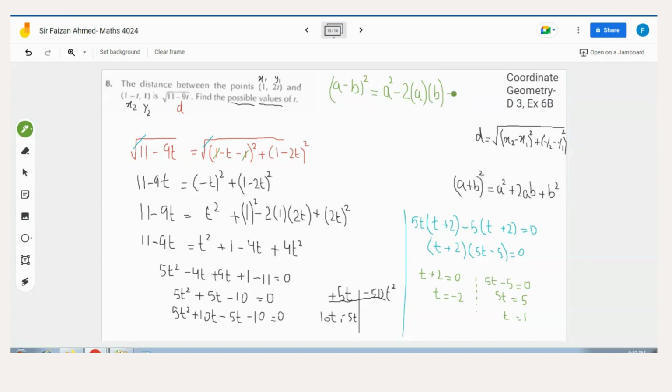Then comes the positive sign always, and in the last, the square of the second term, b square. I will write my second term and put a square on it. This is the method of opening this identity.